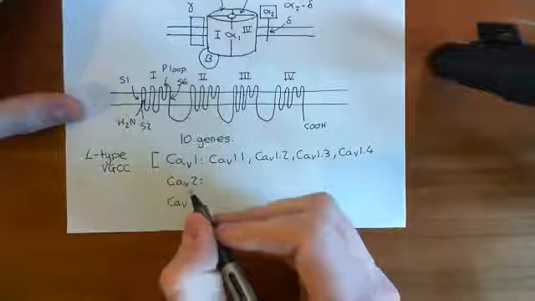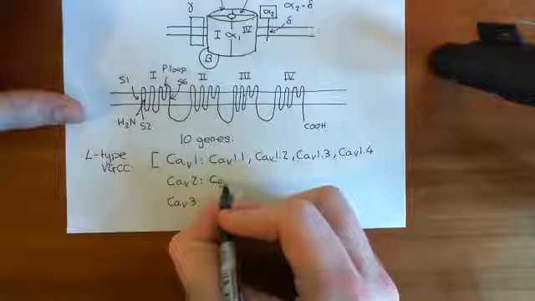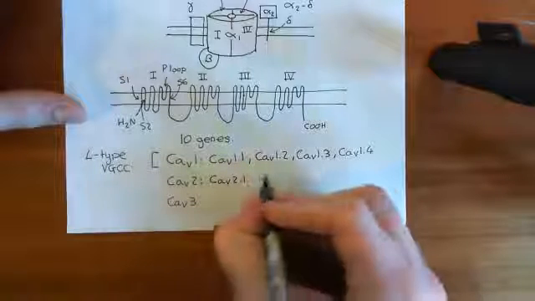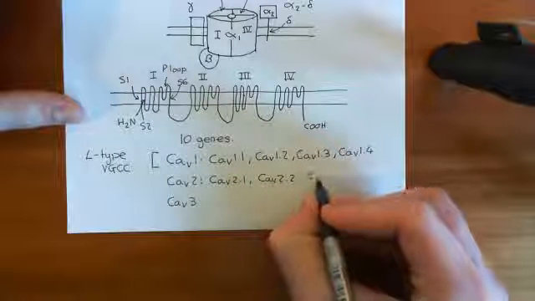Okay, let's turn our attention now to the CAV2 family. So the CAV2 family contains CAV2.1, CAV2.2, and CAV2.3.